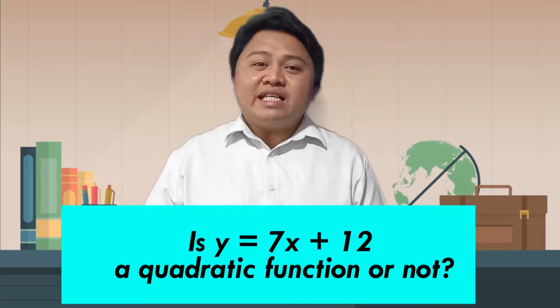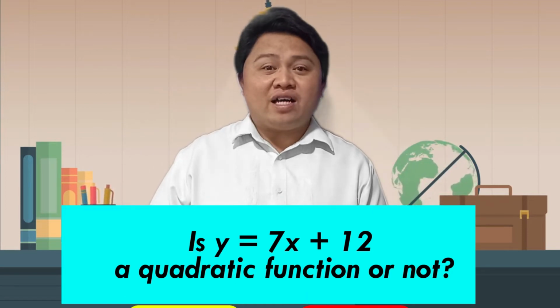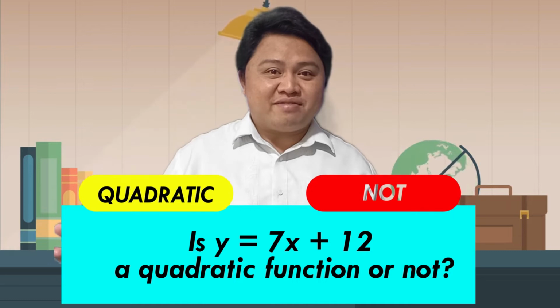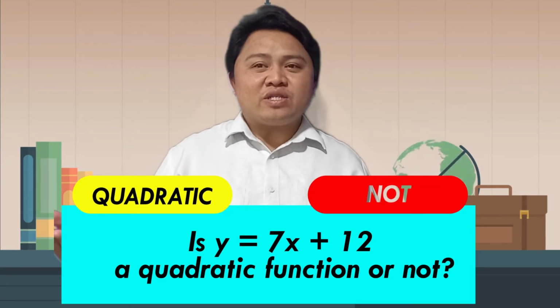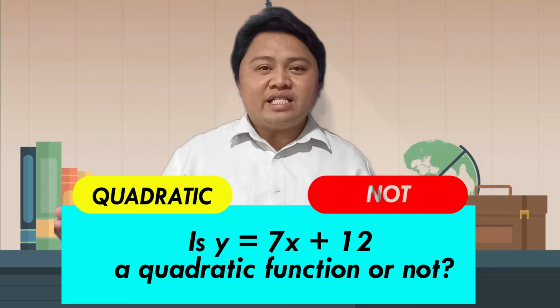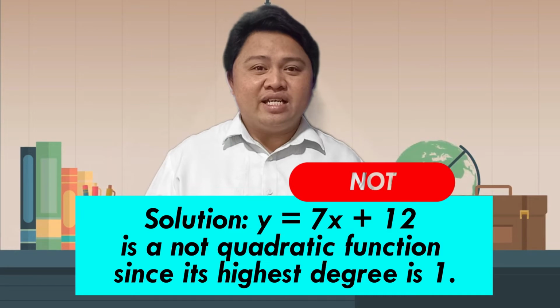Let us have the second example. Is y equals 7x plus 12 a quadratic function or not? Yes, you're right. y equals 7x plus 12 is not a quadratic function since its highest degree is 1.